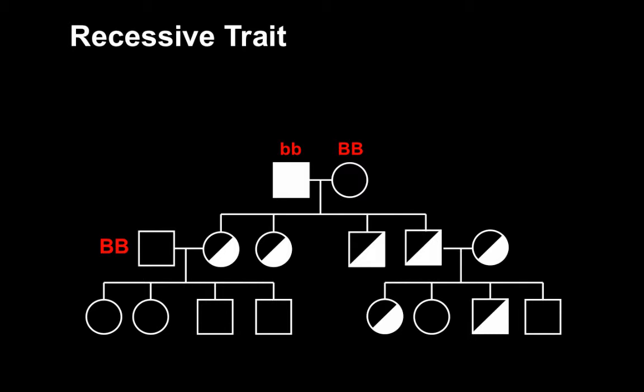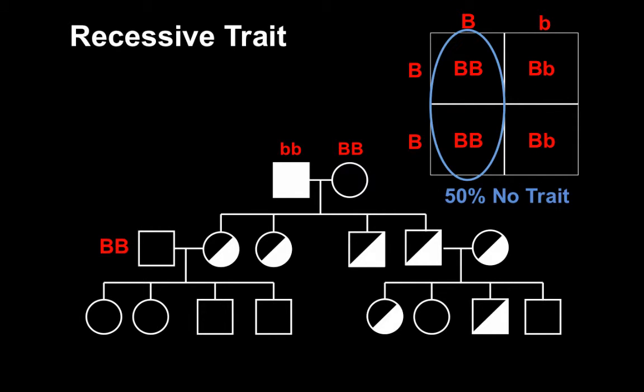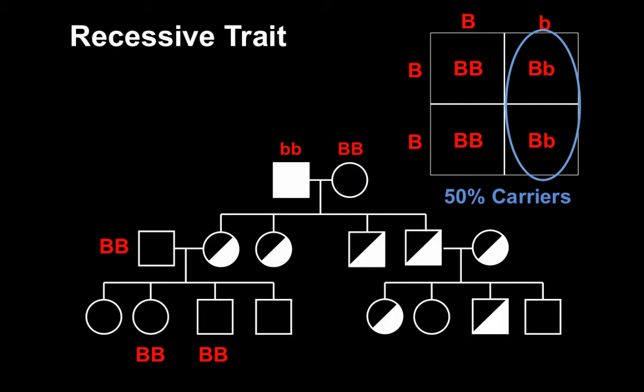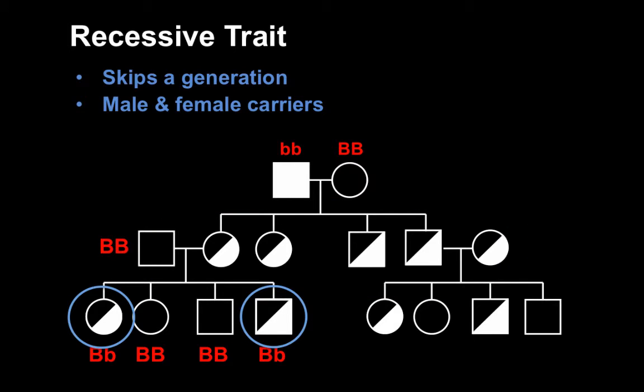All right, and then finally, let's say that this carrier and this homozygous dominant person have some kids. We're going to end up with 50% no trait, 50% carriers. So again, it has skipped a generation. Nobody in that generation has it. And we have male and female carriers. Now it's important to remember, if it's just a basic recessive trait, males and females can both be carriers.